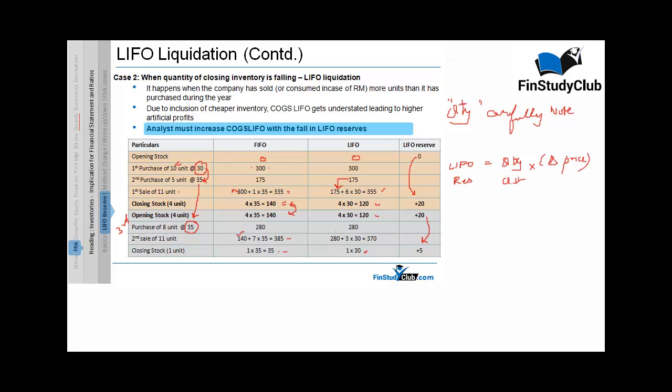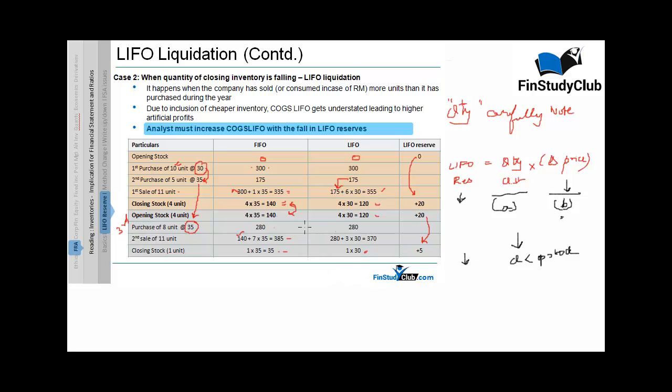That means my LIFO reserve has become a derivative of two aspects: A, change in quantity, and B, change in price. Case 1 that we talked about was where the price was falling, so if this delta falls, then the LIFO reserve will also fall. While case 2 that we are doing here is a fall in the quantity, where the closing stock is going to be lower than the opening stock. That will also lead to a fall in the LIFO reserve.